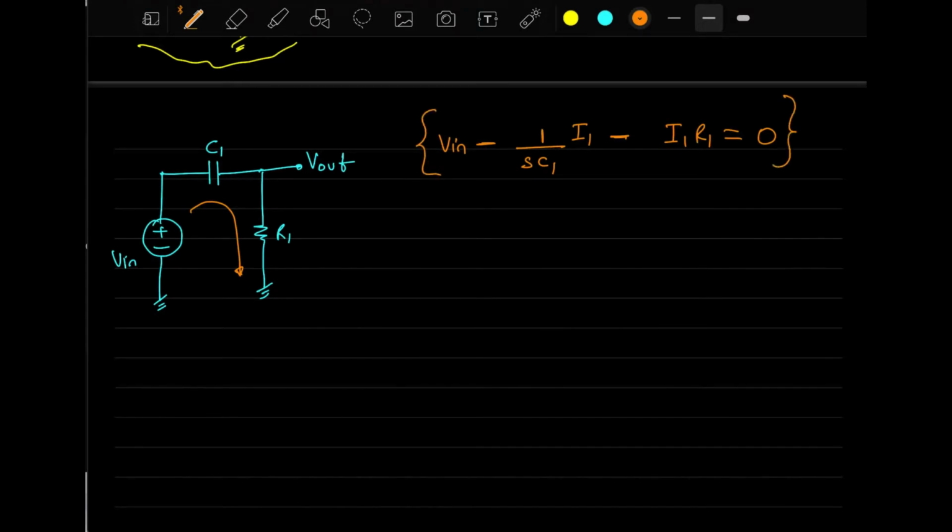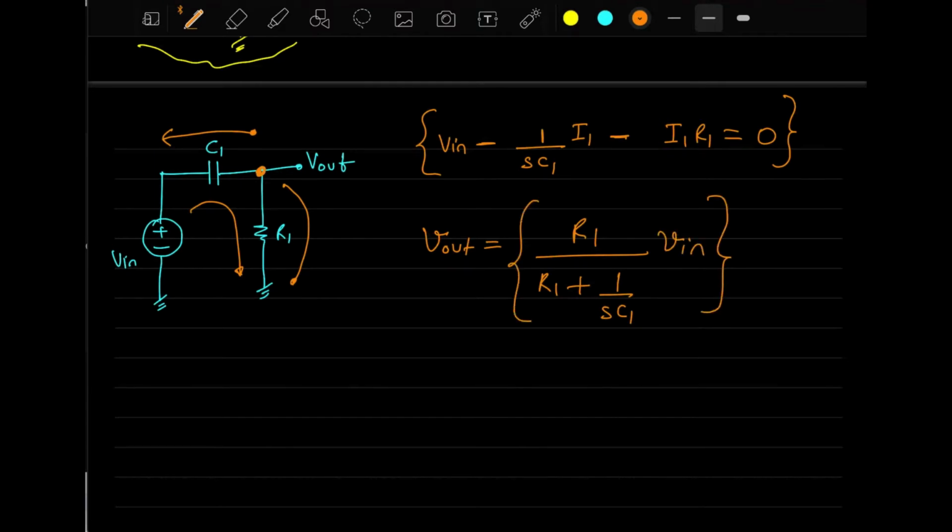The easiest way is, as it's a voltage divider, because you have this impedance and this other impedance, so it's simply the division of the voltage. You can write straight away V out as R1 over R1 plus 1 over SC1 times V in. So it's nothing but a voltage divider.